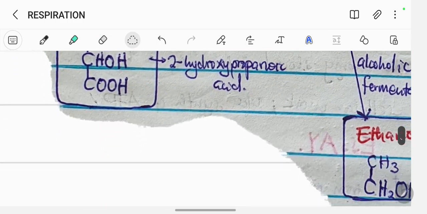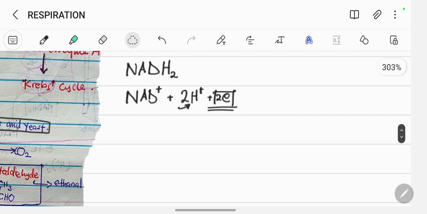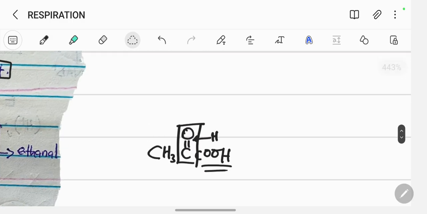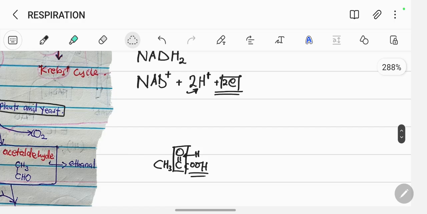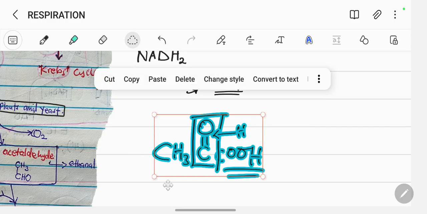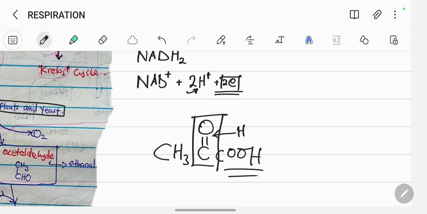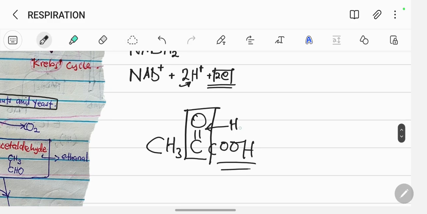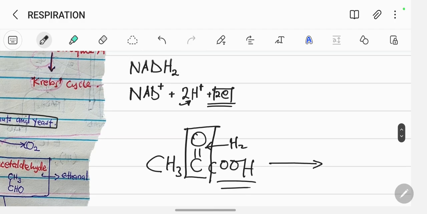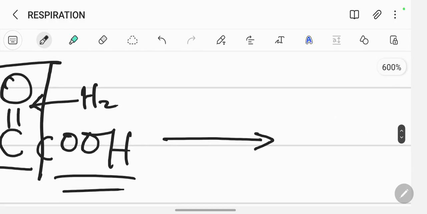So let me cut that and put it here. This is what happens. The hydrogens are going to attack that carbonyl group, and this is what happens. The hydrogens that NAD submitted are going to do this.